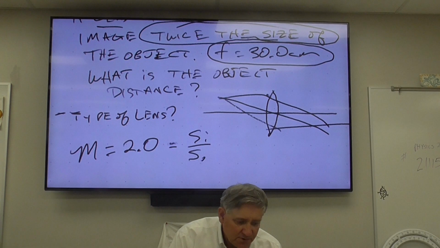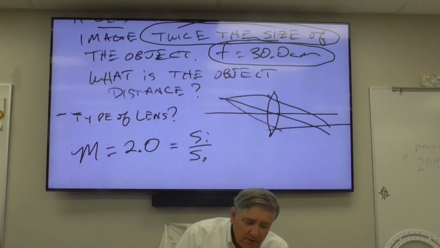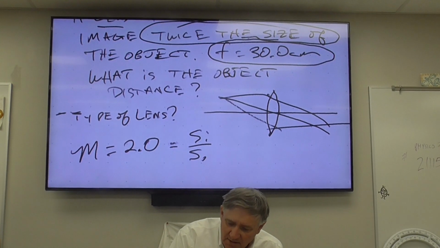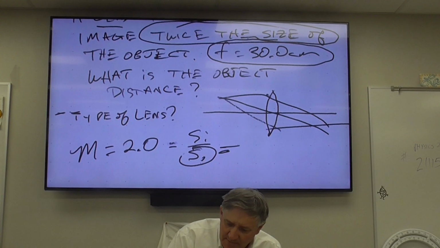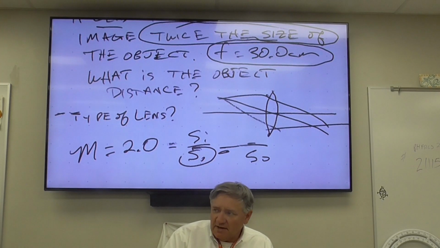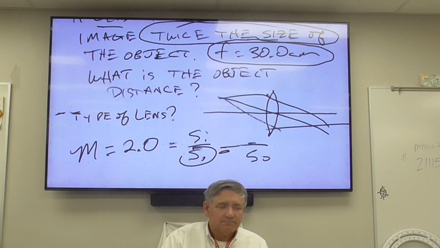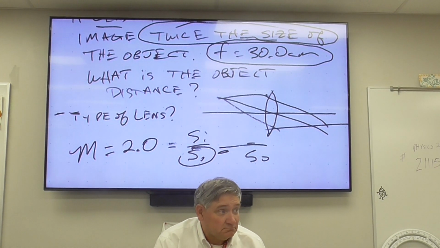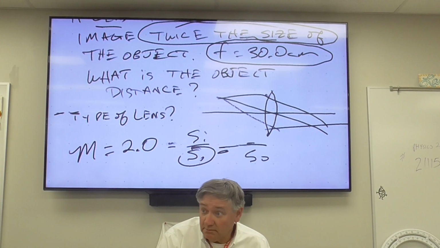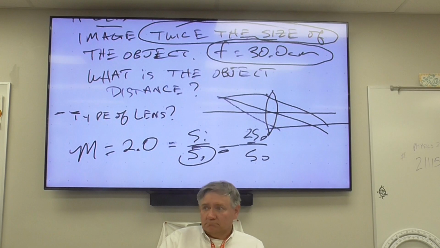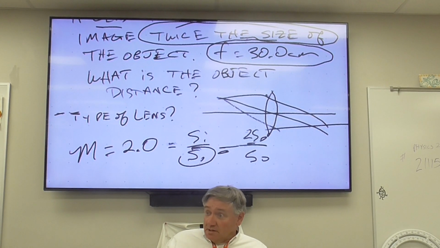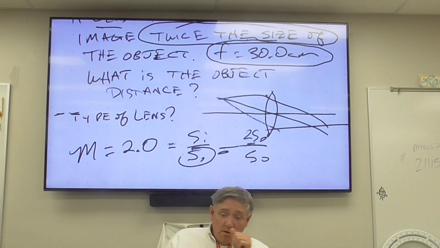So if we keep the bottom as SO, what does your image distance have to be? 2SO. That's how you're gonna get a magnification of 2.